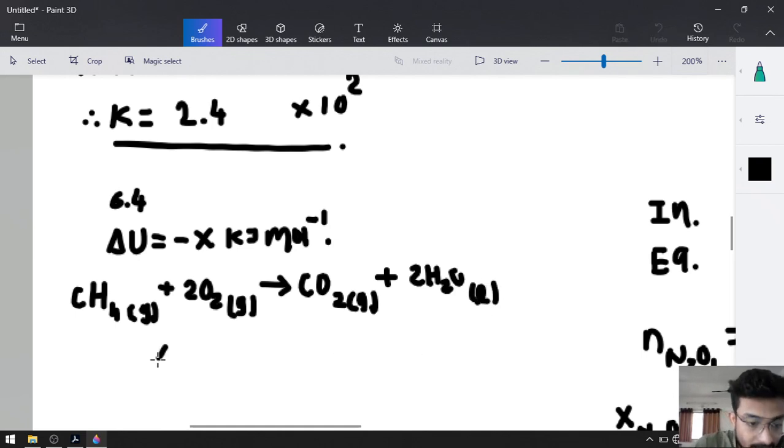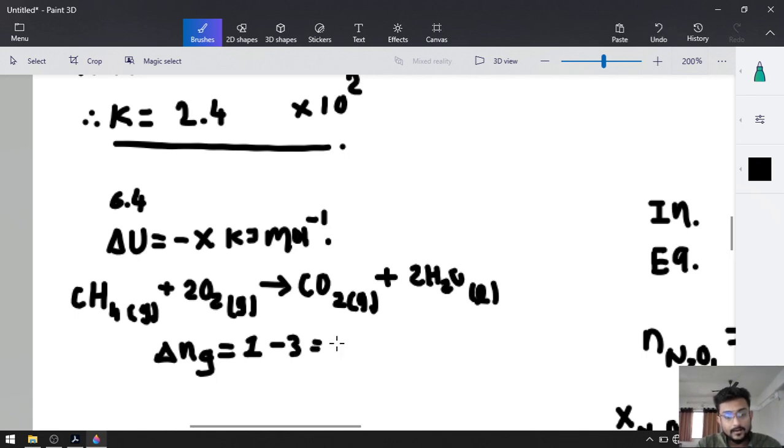Now calculate delta Ng for this. Gaseous moles of the product, 1 of carbon dioxide, and liquid will not be considered, minus the gaseous moles of reagent, 2 plus 1, 3. So delta Ng will be equal to minus 2.